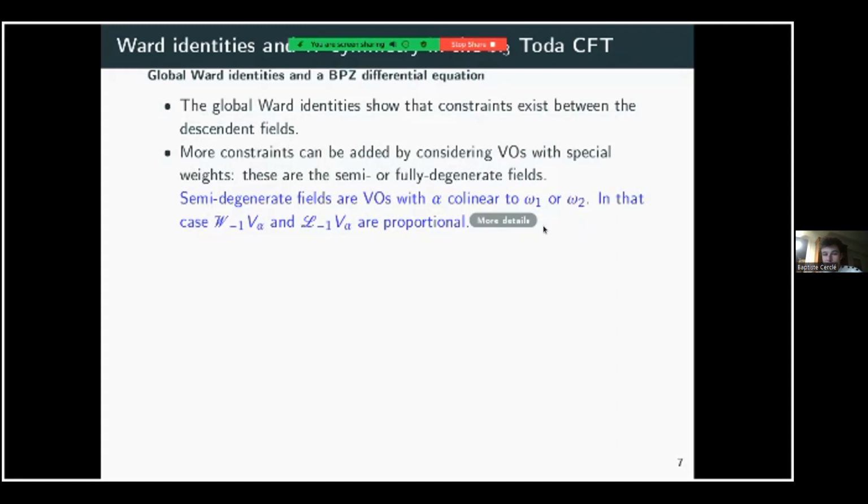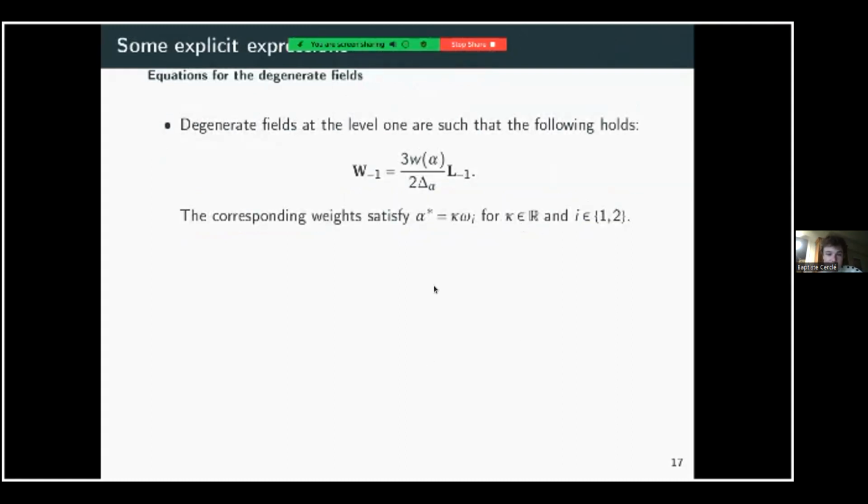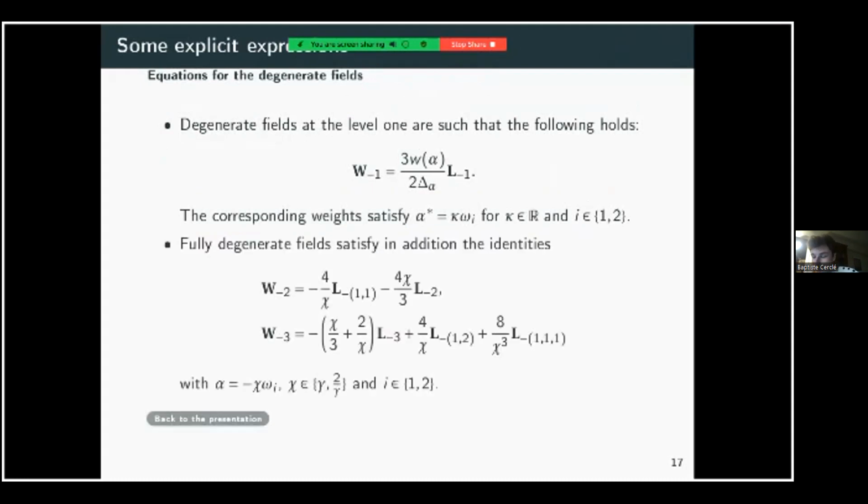These are just proportional, actually. And you can also have other constraints if you take even more special values for the field. That is, if you prescribe that it takes values of the form, a weight of the form minus gamma W1 or minus 2 over gamma W1. So you can add constraints on this descendant field in doing so.